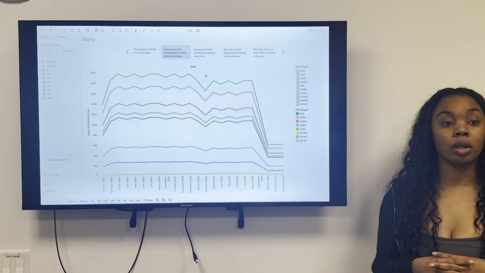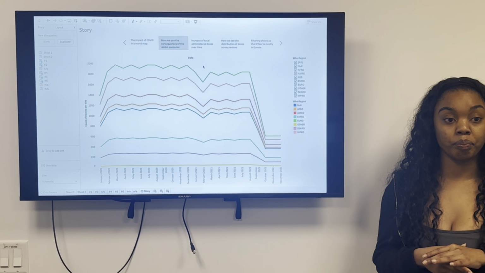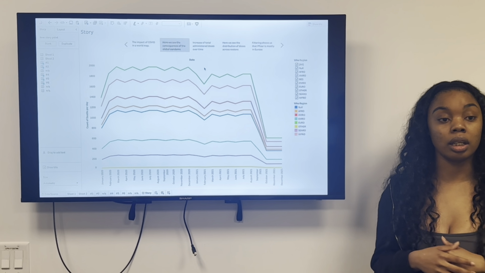Between August and October 2021, the average number of daily deaths fell considerably. This period corresponds in particular to the intensification of the vaccination effort worldwide.